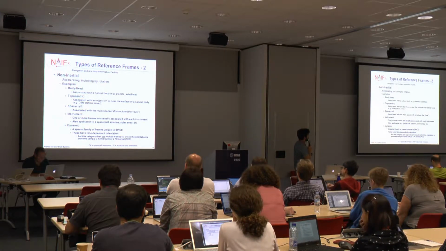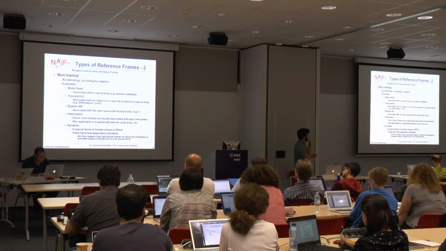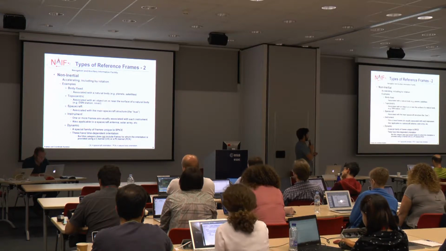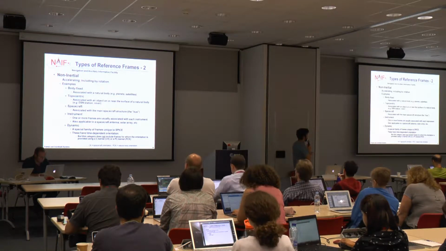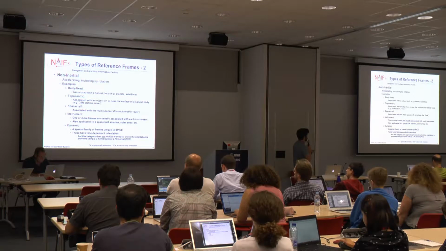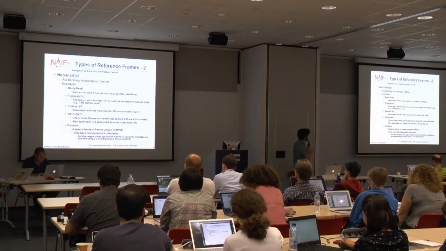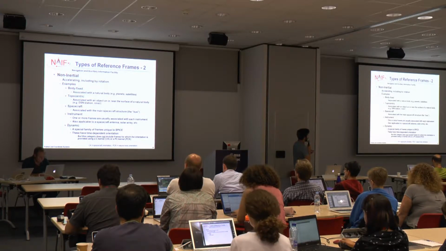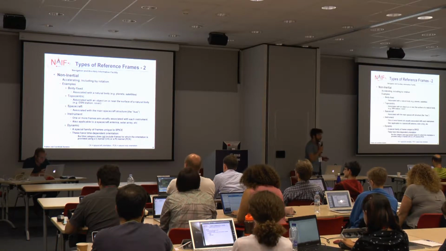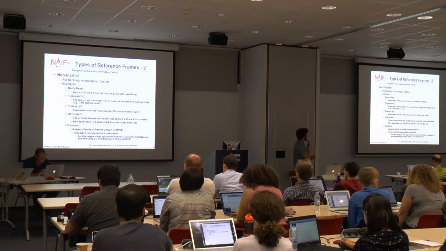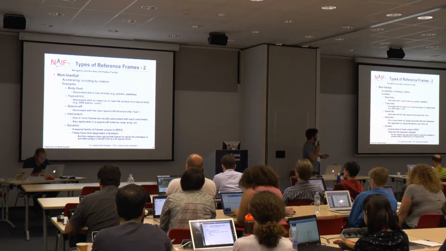Some examples, the typical ones that we're going to find, are body fixed frames that are associated with a natural body, so that move along with the rotation and the translation of a natural body, such as a planet or a satellite. Topocentric frames, which are associated with an object on or near the surface of a natural body. That could be a DSN station, a rover, a landing site, and so on.